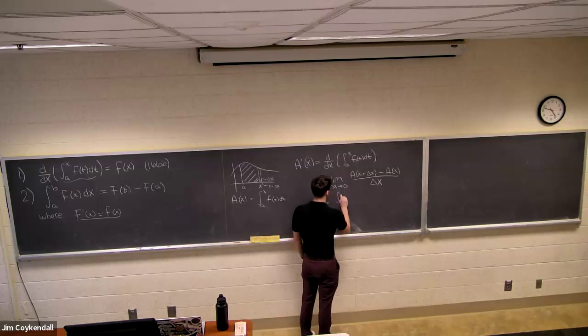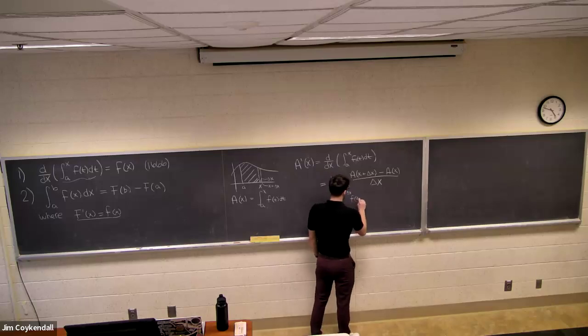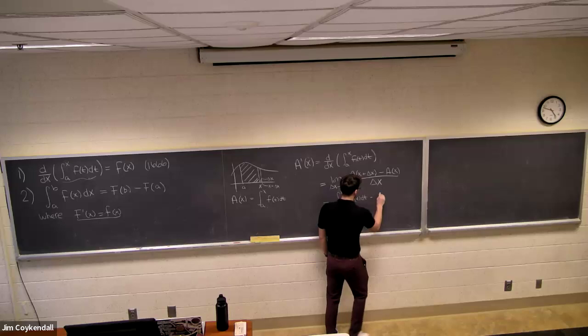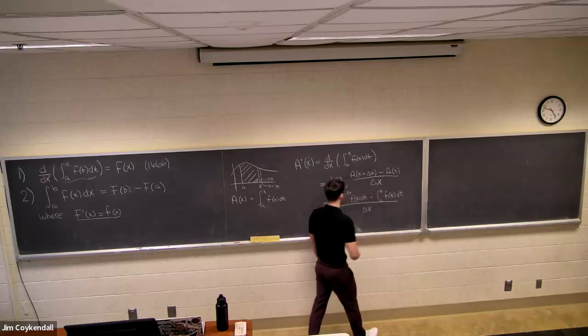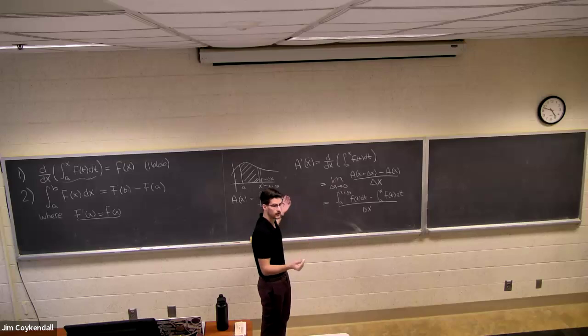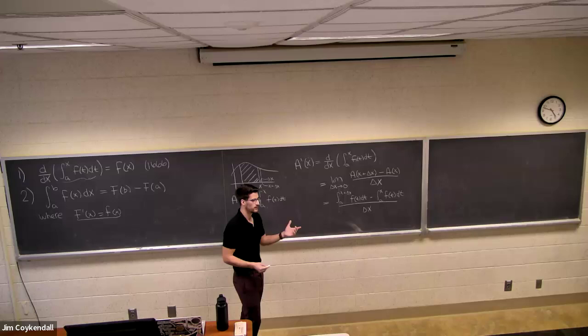It's the integral from a to x plus change in x of, and then to here. So that makes it pretty easy to see what's going on.